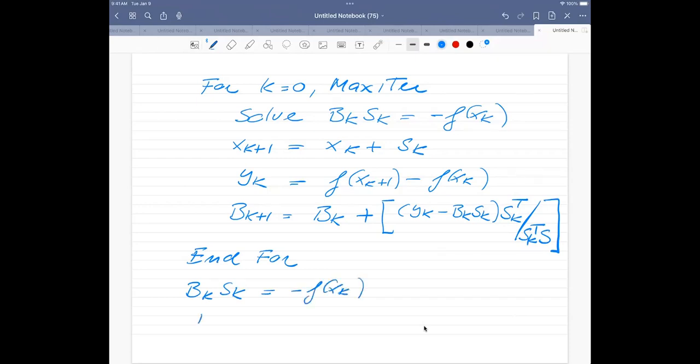What we are making as an assumption is that this B of k plus 1 is equal to the previous value plus a matrix C of k. Now, this matrix C of k could simply be given by the secant, as we did before. If it was the secant, it would just be a vector in that case. So this quantity which you see here is what we are having.